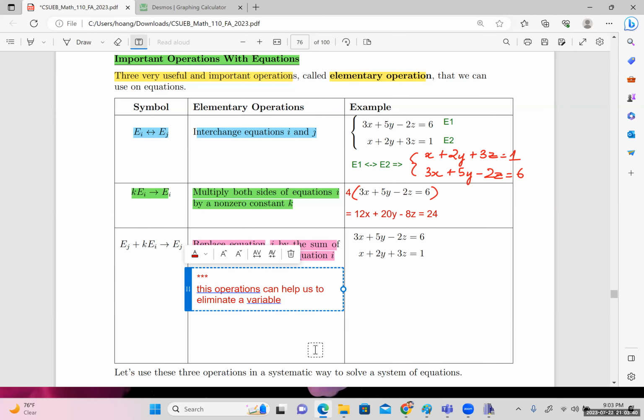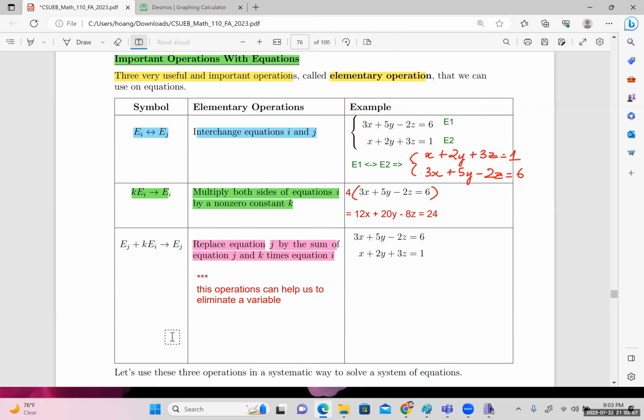Because what I do here is I use an equation and add it with another equation multiplied by k to get a new equation, right?